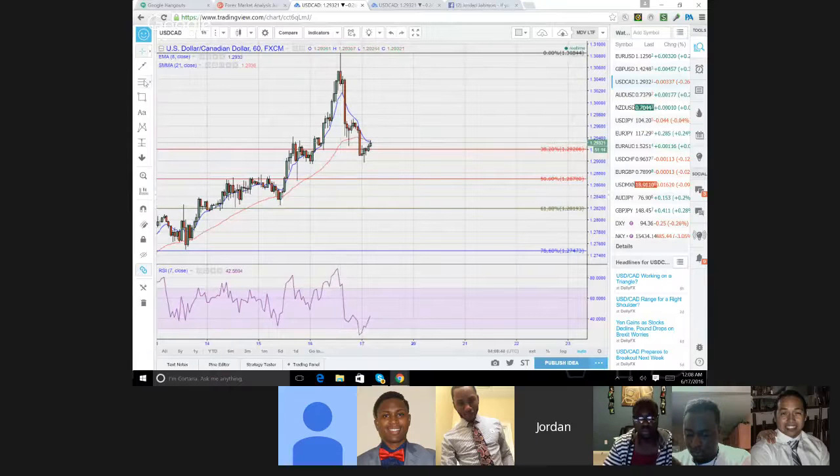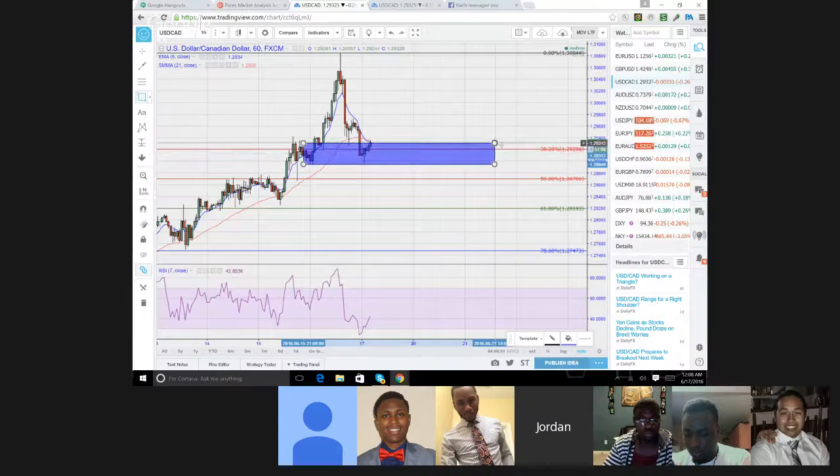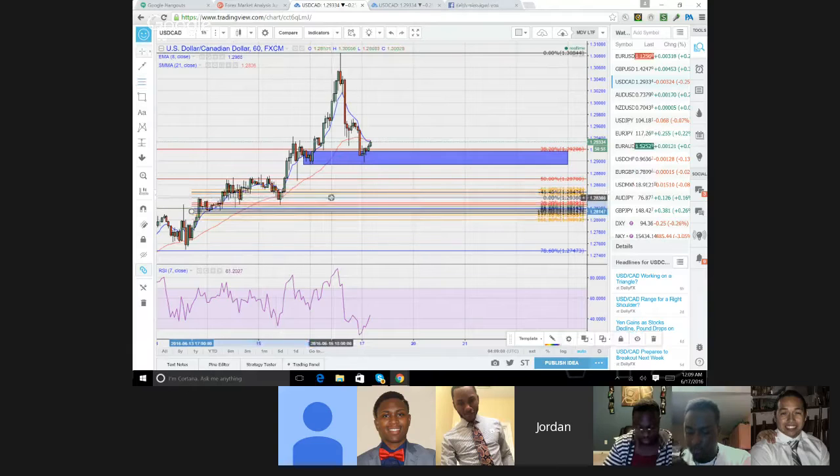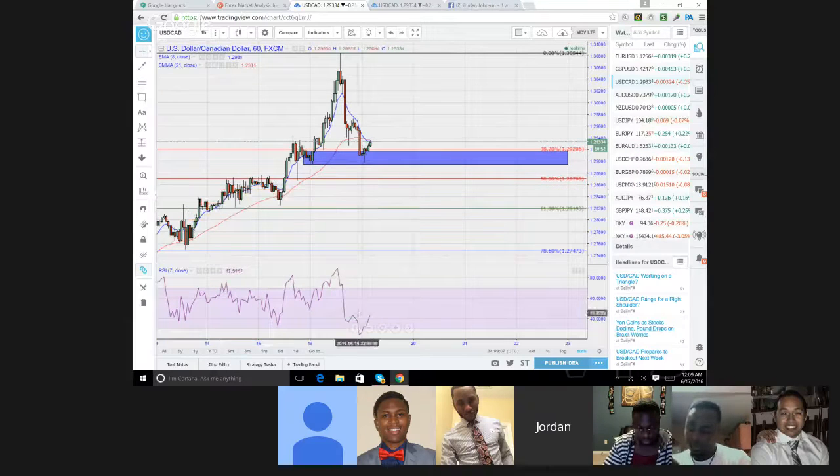So the first thing we want to do is apply some key structure points. We got a great structure point right here where price is being rejected from. And we have another structure point that could be down here by the 61.8.